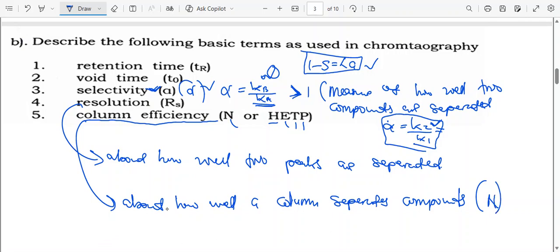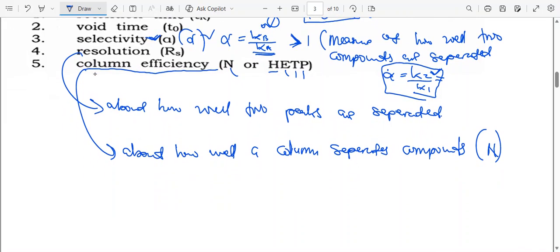Column efficiency depends on the number of theoretical plates for it to be effective. The more theoretical plates in the column, the better the separation. It also depends on the retention time, which is where the resolution depends as well.